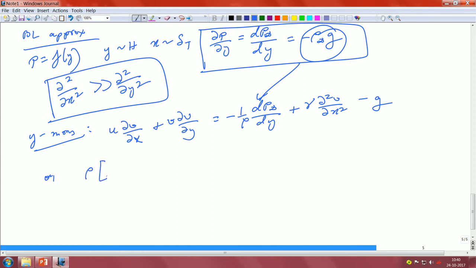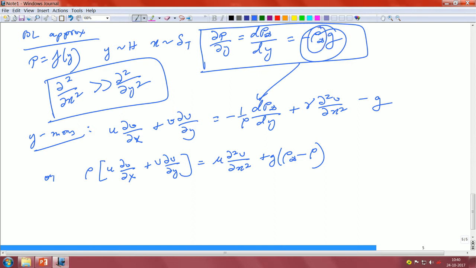So, u dv/dx plus v dv/dy equals nu d squared v/dx squared plus g times (rho infinity minus rho)/rho. Rho infinity is basically the density of the fluid at T infinity, in the reservoir section. So, this is the y momentum equation.